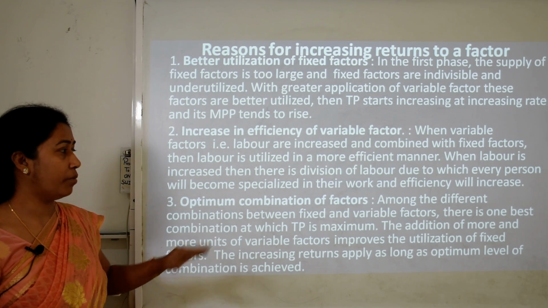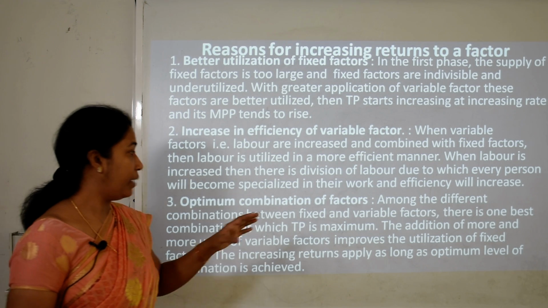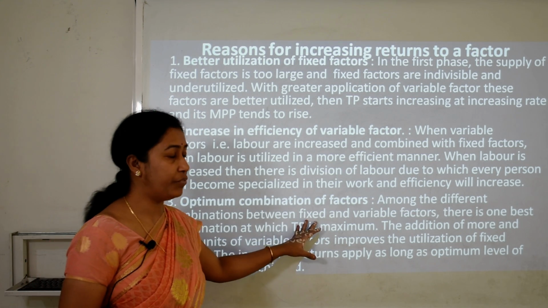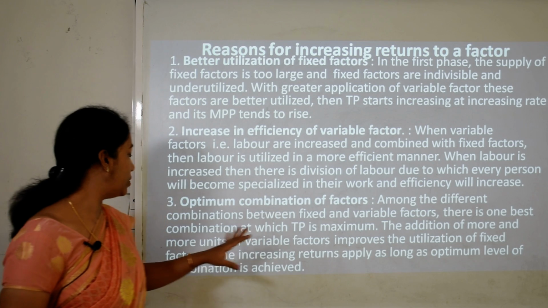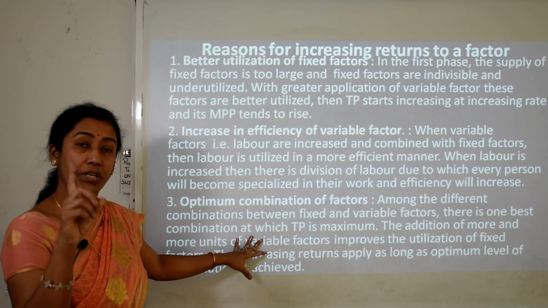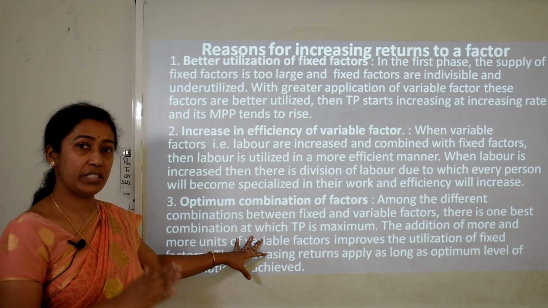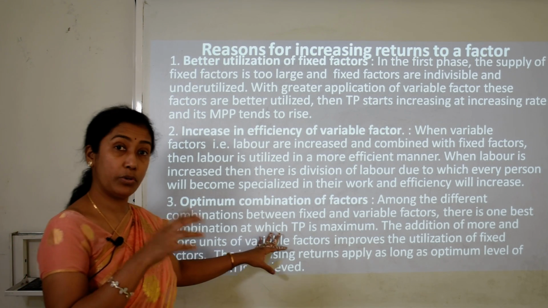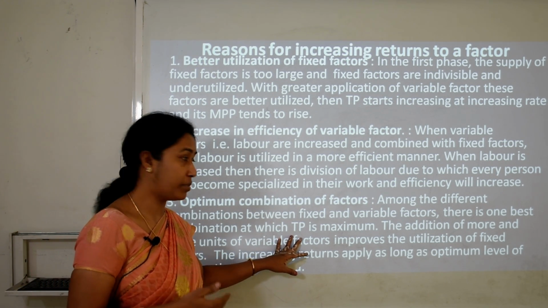Third is optimum combination of factors. Among the different combinations of fixed and variable factors, there is one best combination at which total product is maximum. That means only one combination is there where fixed factor and variable factor, or total product and marginal product, are at their maximum.